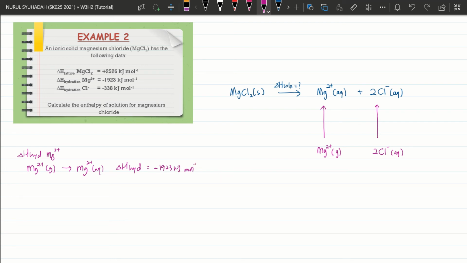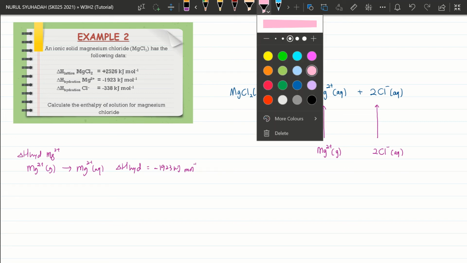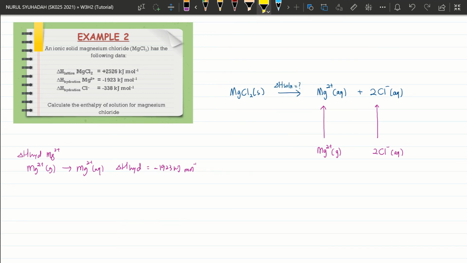Based on the definition of hydration itself, it is the energy released when 1 mole of gaseous ion is completely hydrated in a solvent. Why do I emphasize the definition just now? Because the 1 mole must be 1 mole of gaseous ion. So the value given over here is for 1 mole of Mg2+ gas hydrated.